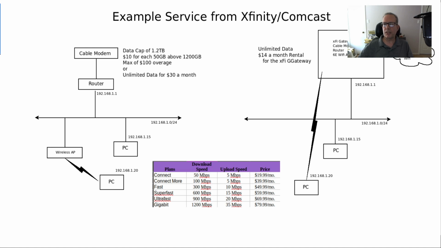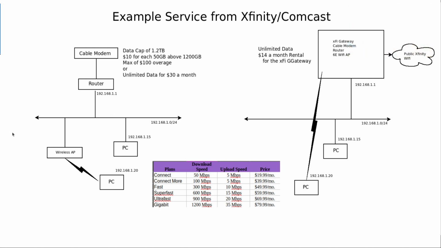So here's an example of service. In my particular case, I have Comcast Xfinity service, and I drew two pictures here. The picture on the left, and I think what I'll do is pop my video off here so that you can see the whole diagram. The picture on the left is what I do at home, where I've purchased a separate cable modem.